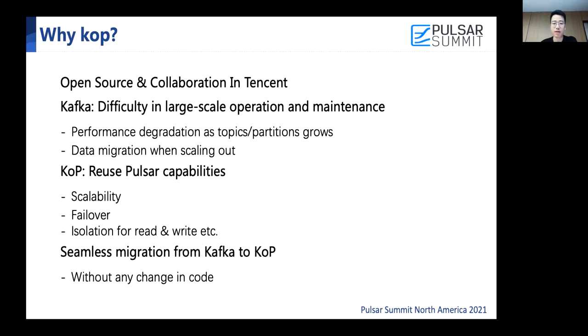At the beginning, Kafka ran well, but with the growth of the business, the Kafka cluster gets larger and larger. And then Kafka becomes very difficult to operate and maintain. For example, when there are lots of topics and partitions, the performance will decrease. If you want to expand the broker nodes, Kafka needs to copy data to the new node.